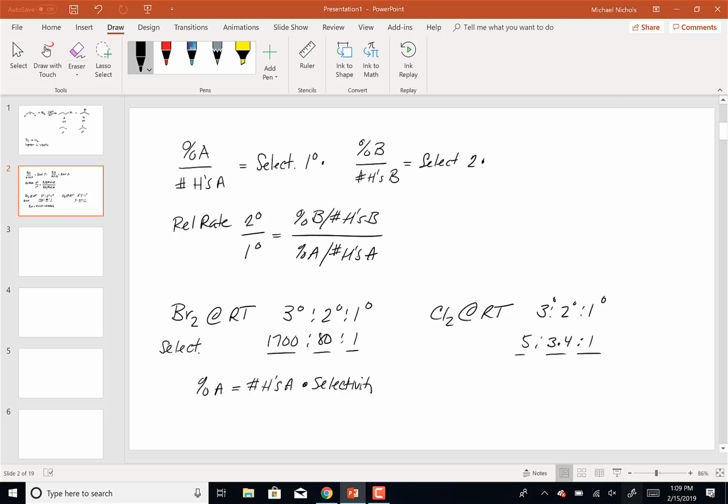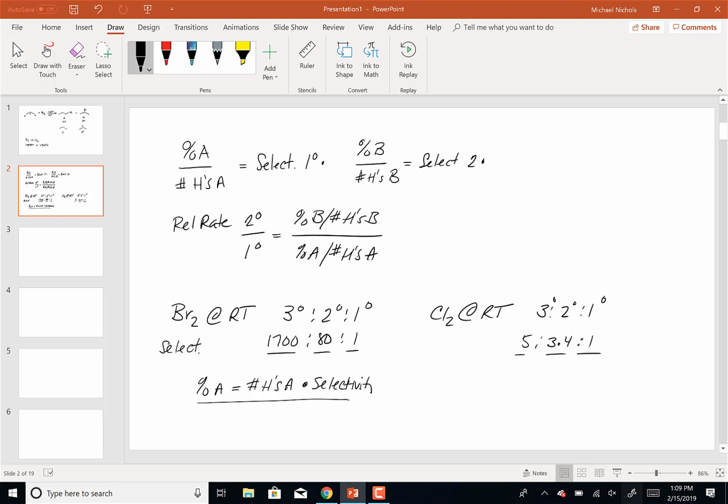It's the selectivity of forming the radical at that position that gives you that product. Okay. So we can use this formula then to calculate a number for any product. The product with the highest number is the major product. If two products have the same number, then they are both major products. So this is how we're going to calculate it.